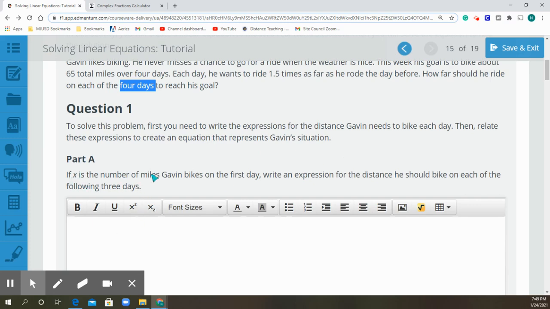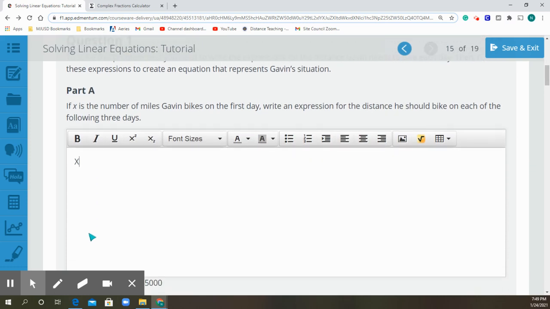If x is the number of miles Gavin bikes on the first day, so remember we're using x as a variable. We're not using x as a multiplication symbol.